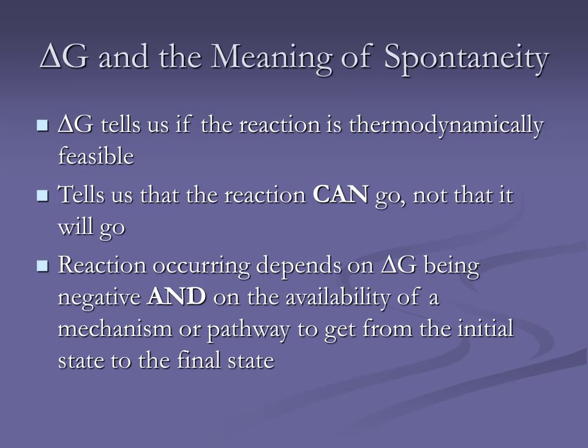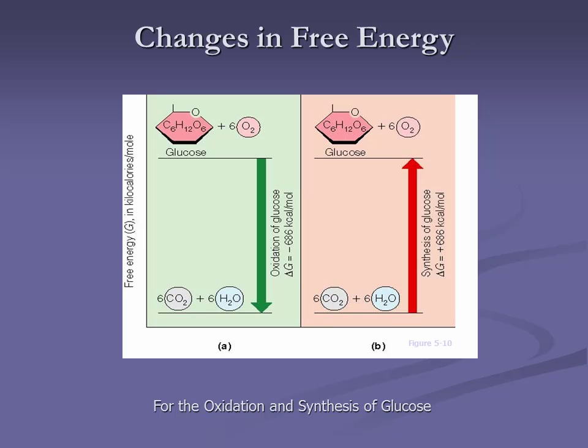Again, here's some examples. We have glucose. Is glucose organized or disorganized compared to CO2? It's organized. This has a low entropy, but it has a high enthalpy. CO2, more disorganized. This has a high entropy, but it's got a low enthalpy. You're not going to do a lot with CO2.